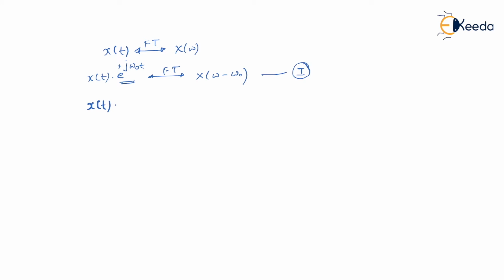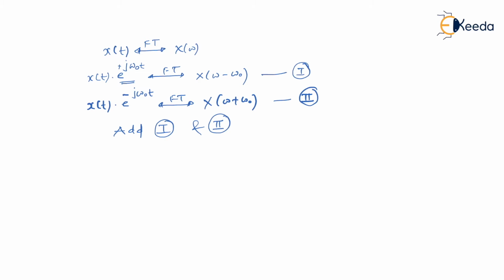In that case, x of t multiplied by e to the power minus j omega naught t will have its Fourier transform as X of omega plus omega naught. Let me say equation number 2. Now for some reason and to come to another conclusion, I'm going to add equation 1 and 2. So when you add these two, then on left hand side, I can take x of t common.